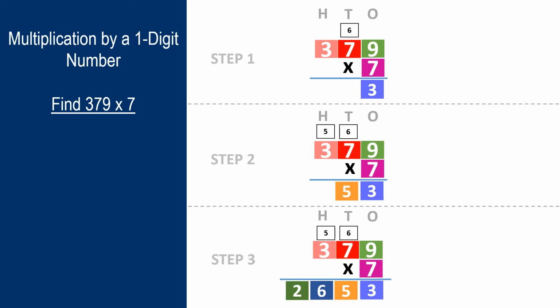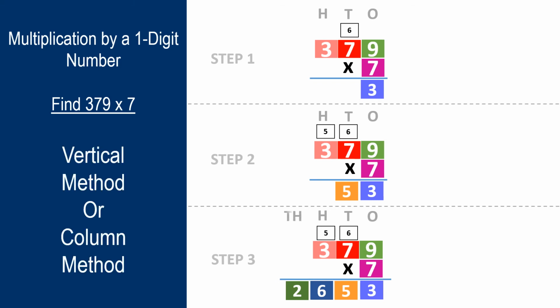Now 7 multiply by 3, or we can say 7 threes are 21 and we have carry over 5. So 21 plus 5, 26. Very nice. We have 26. So we will write 6 in hundreds place and 2 will come at the thousands place, right?